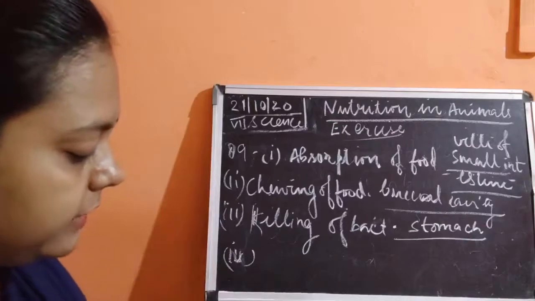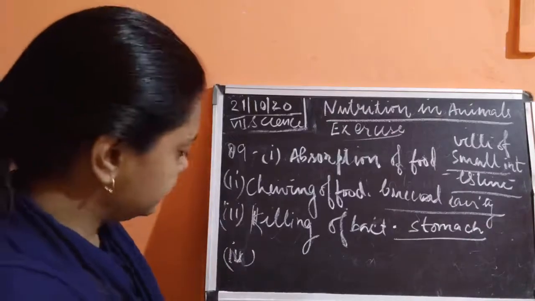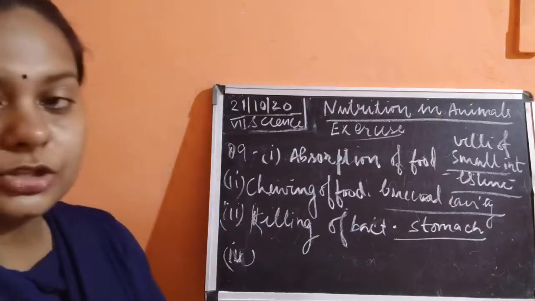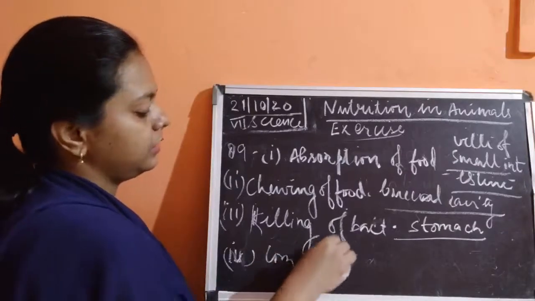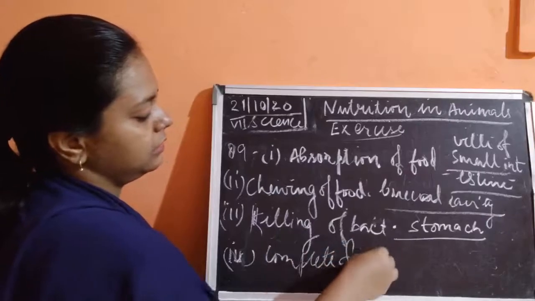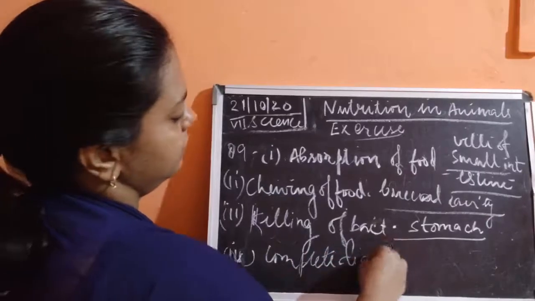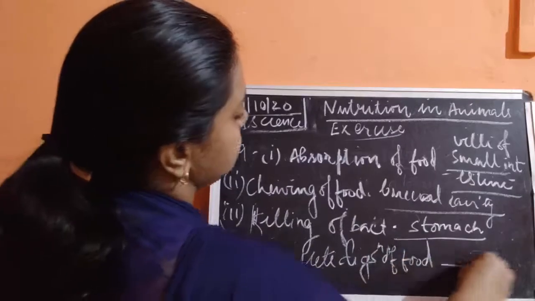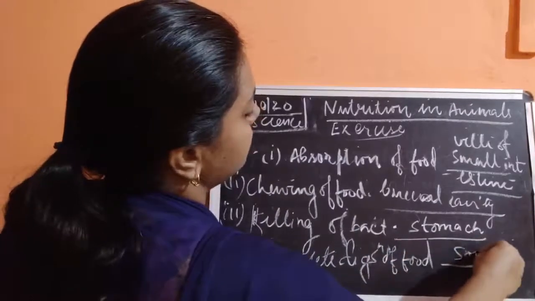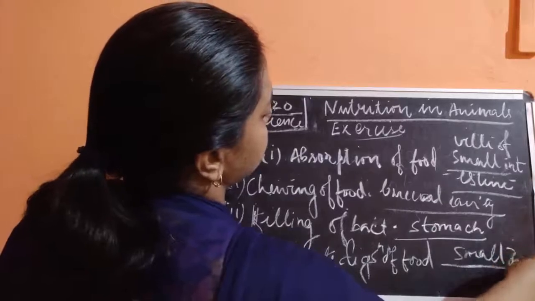Now, the next thing we will study is the fourth, complete digestion of food. This takes place in the small intestine.